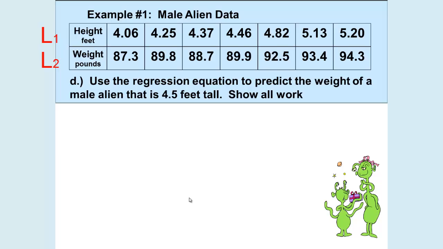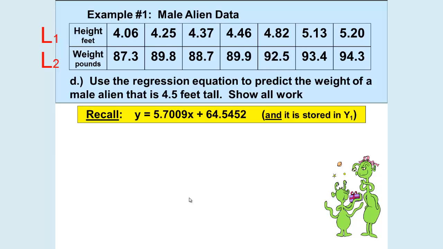Remember from part B that y equals 5.7009x plus 64.5452. The y is the weight in pounds and x is the height in feet, and we have this stored in our TI-83 or 84 calculator in y1.